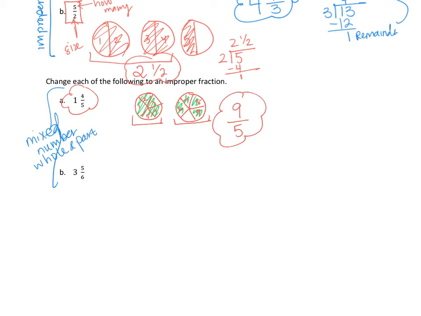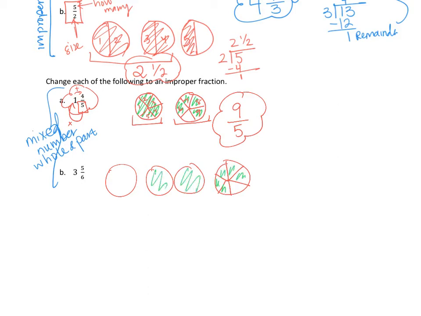Some of you might know that whatever the denominator is, you multiply it by the whole number because it's 5 pieces in 1, and then you add the numerator. So we can try that again here. We have 3 wholes and then 5/6 of a whole. So let's break this up into 6 pieces. Trying to do equal pieces, pretend. And I have 5/6 of them. And I have all of those, all of those, all of those.